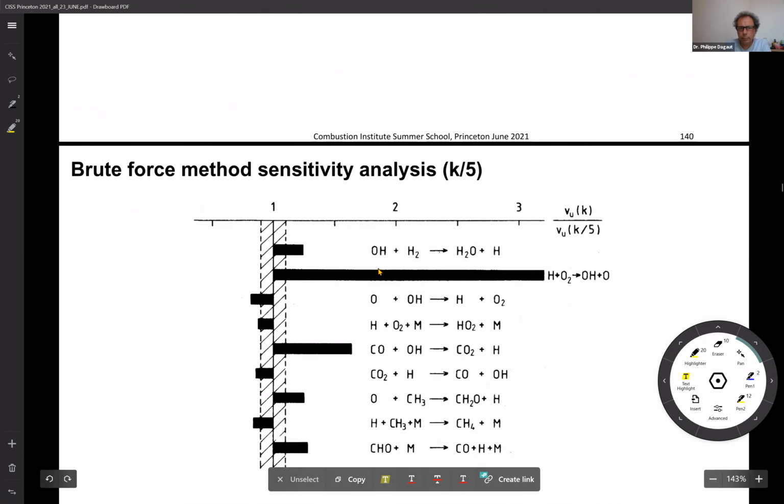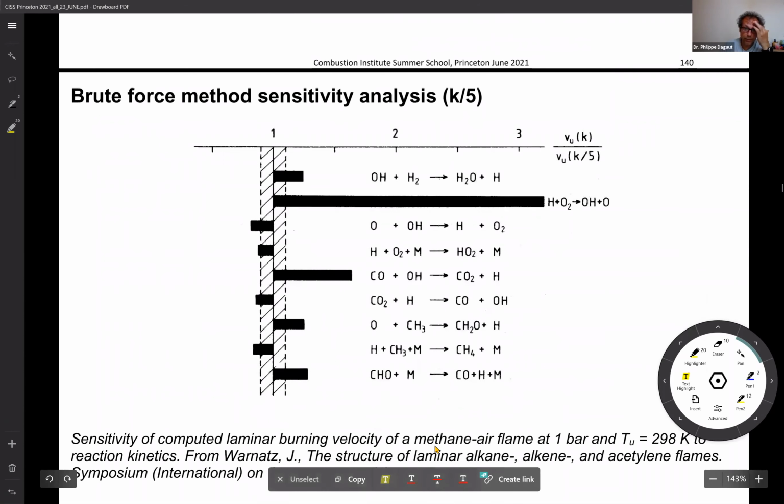So this is an example taken from the literature. They looked at the laminar burning velocity prediction for methane air flames at atmospheric pressure, initial temperature room temperature. And so they varied the rate constants in the mechanism by a factor of 5, which is huge.